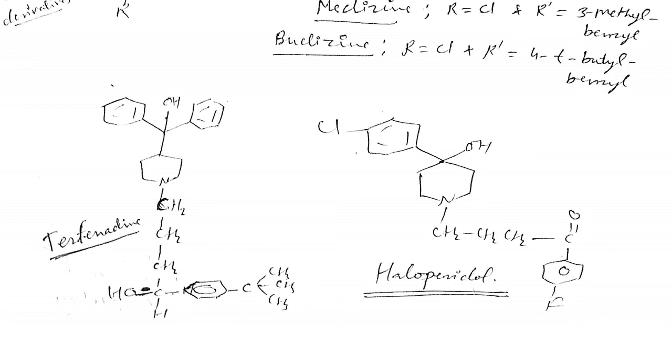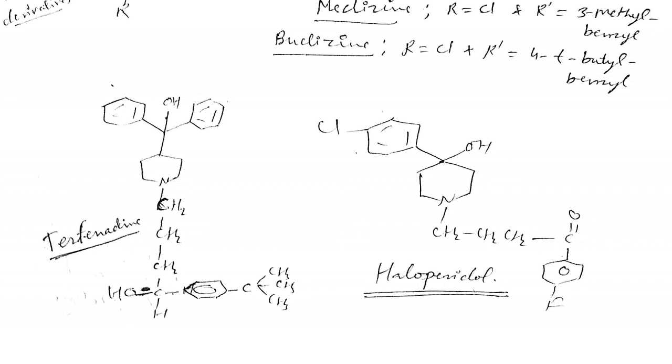Another newer compound is terfenadine, and haloperidol. Terfenadine is substituted by dimethyl. There is a hydroxyl group at the carbon, two phenyl groups, and a piperidine group here, with just alkyl substitutions.